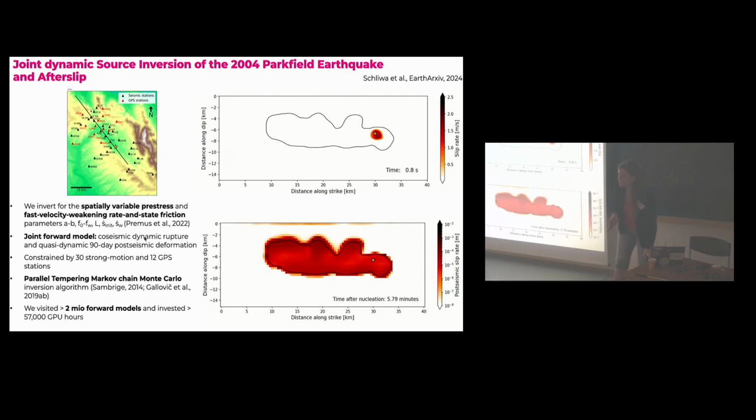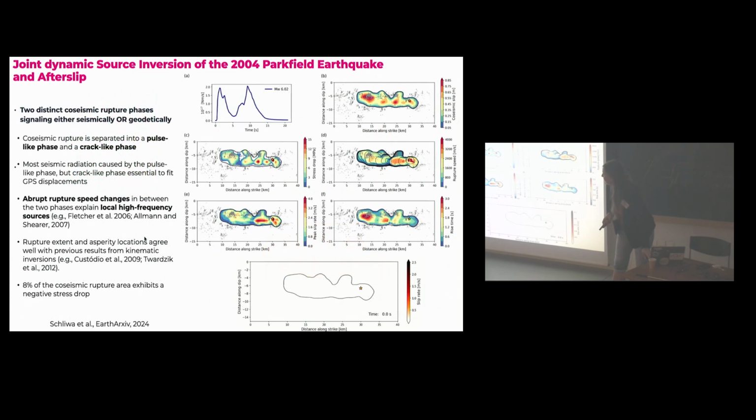This is something that has been adopted before, just not to the Parkfield earthquake. There's another paper by Jan Premus where they used this for one earthquake in Turkey, but I'm not a co-author. Can't say much about that one. Okay.